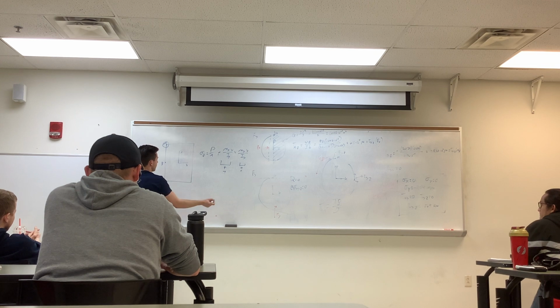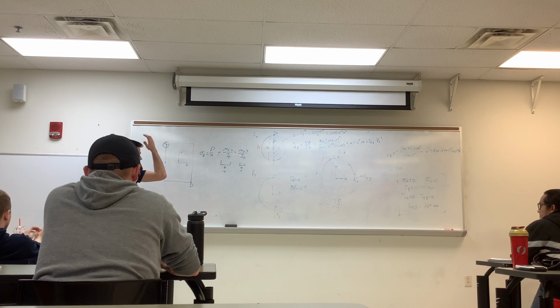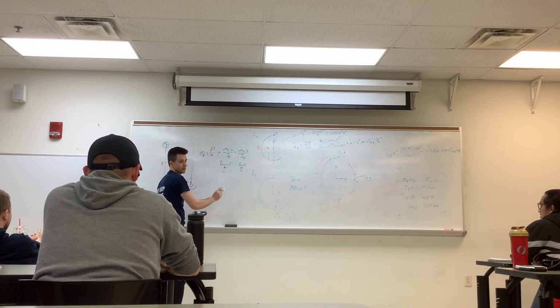If we had a point, say a point D down here, curling in our fingers, so rotating about this x-axis, at this point D it would be in compression. Flipping this sign would be negative. Okay.